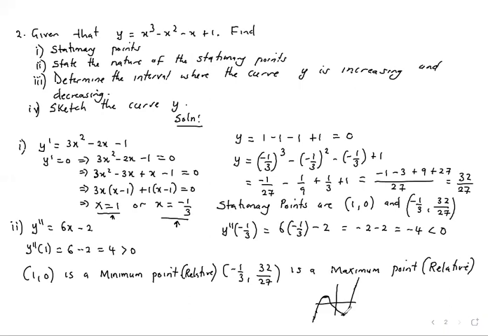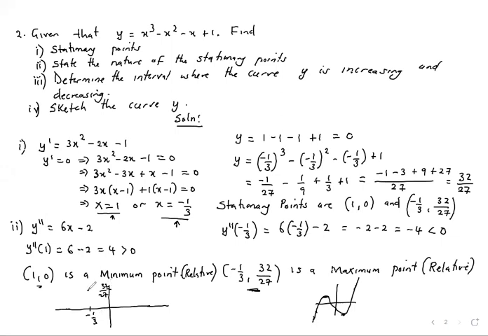Determine the interval where the curve y is increasing and decreasing. You can use the nature of the points to know where the curve is increasing or decreasing. Because for this point to be maximum and then this one becomes minimum, it means that before the point, the points are negative 1 over 3, 32 over 27.